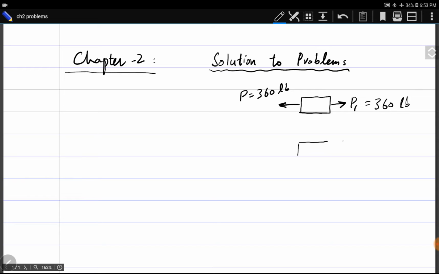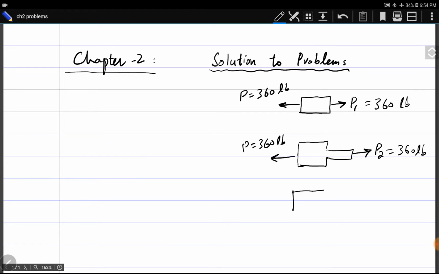Section 2 is between B and C. Here we have P equal to 350 pounds. P2 is unknown, so it will be equal to 350 pounds because summation of forces is equal to 0.